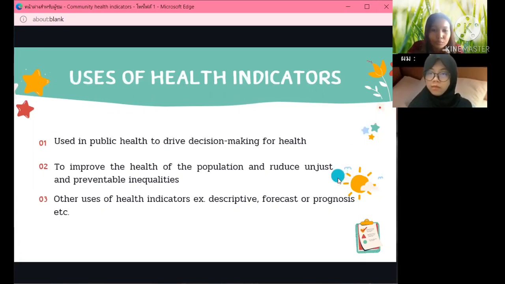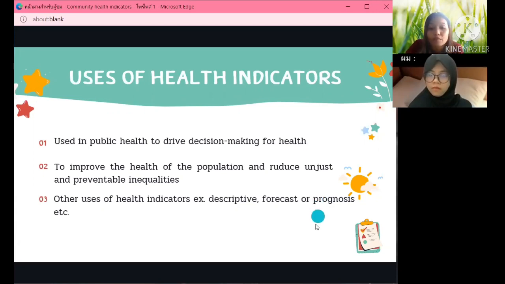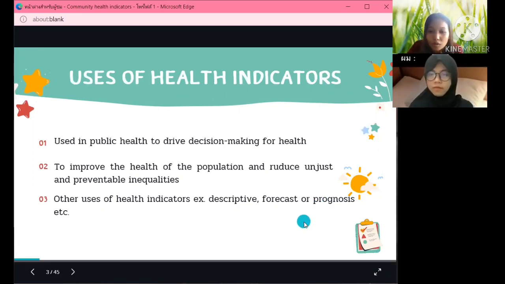The second is to improve the health of the population and reduce unjust and preventable inequality. And the third is other uses of health indicators, for example, descriptive, forecast, or prognosis, and something like that.